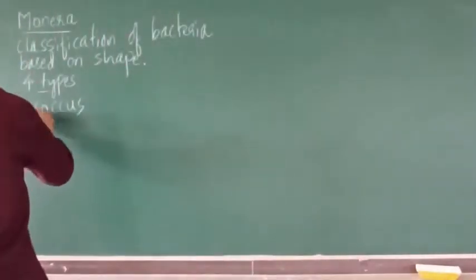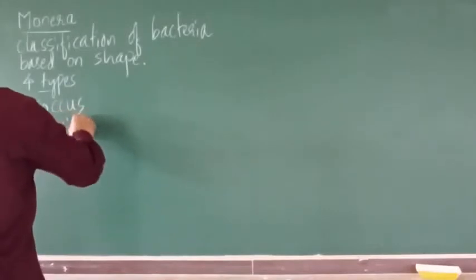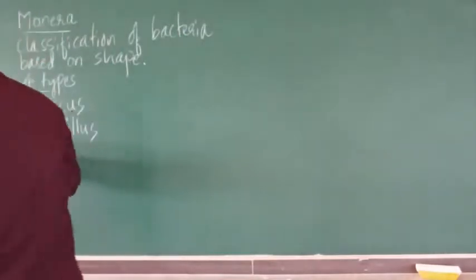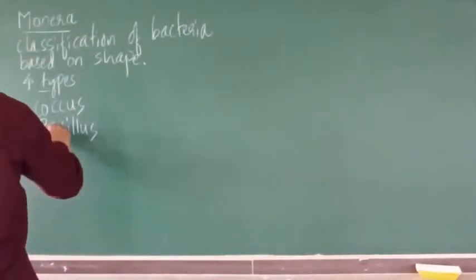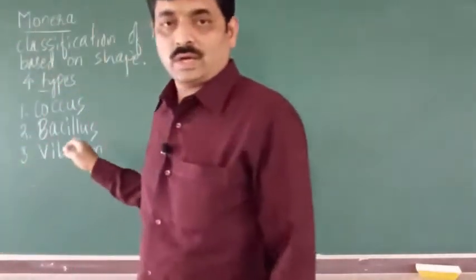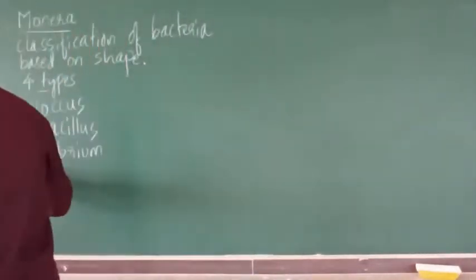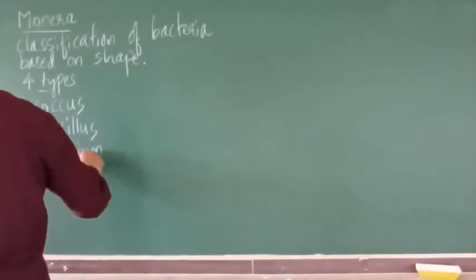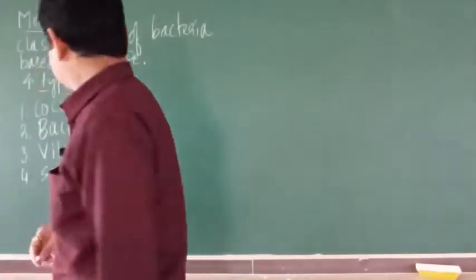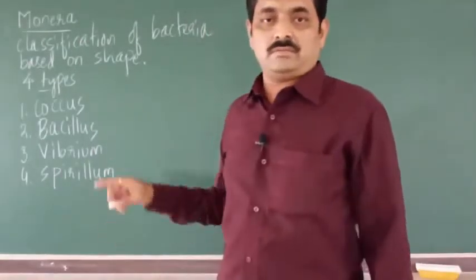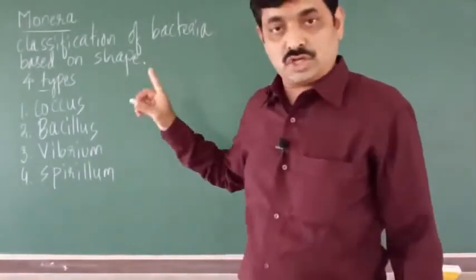Then the second one is the bacillus. The third one is Vibrium, and the fourth is Spirillum. So these are the 4 types of bacteria which are classified on the basis of shape.